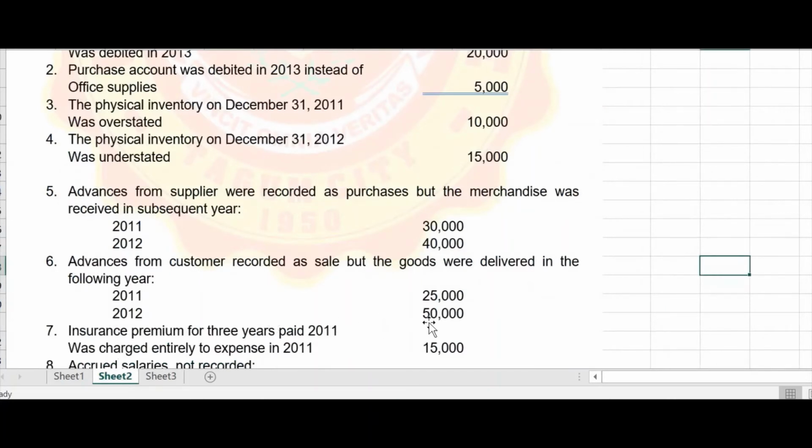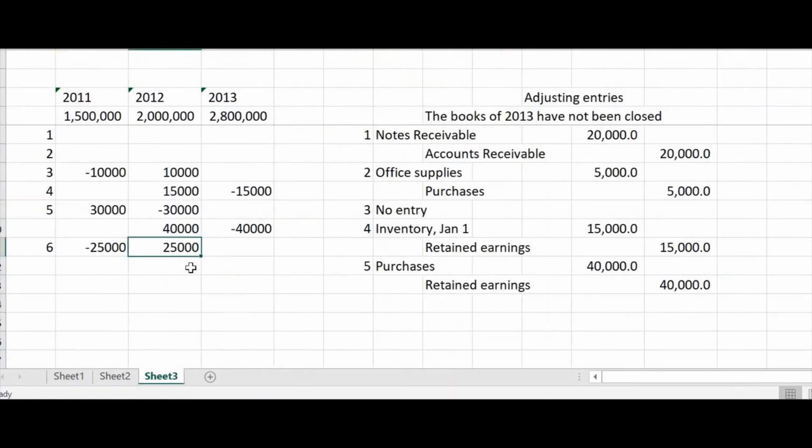And then, for 2012, same thing nangyari. Understated yung sales, overstated yung net income by 50,000 for 2012, di ba? Then, understated yung net income for 2013.